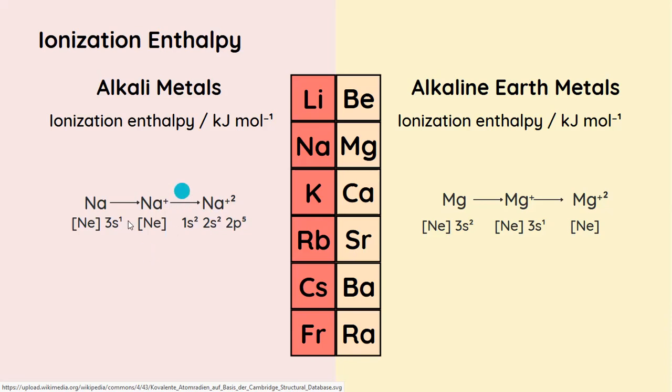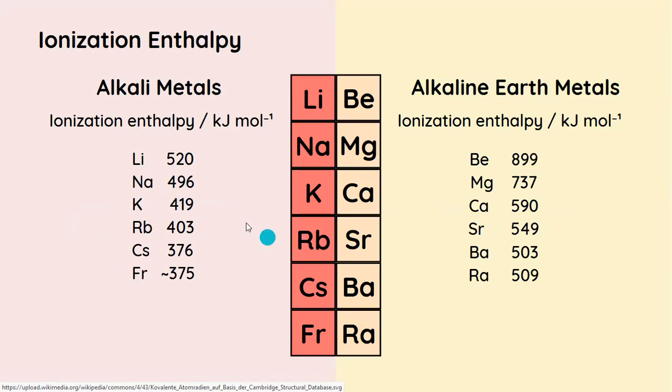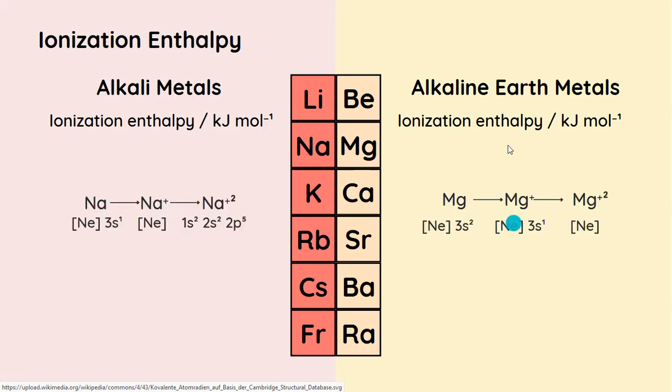For the first ionization enthalpy, alkali metals have a lower value and alkaline earth metals a higher value. We know that. But the second ionization enthalpy of alkaline earth metals is much lower than that of alkali metals.